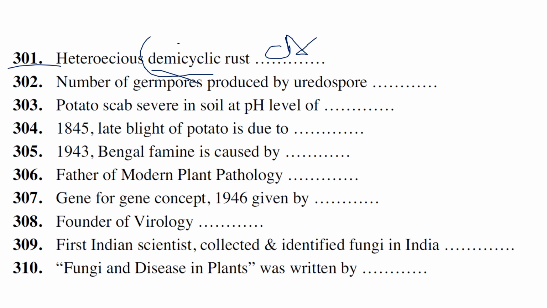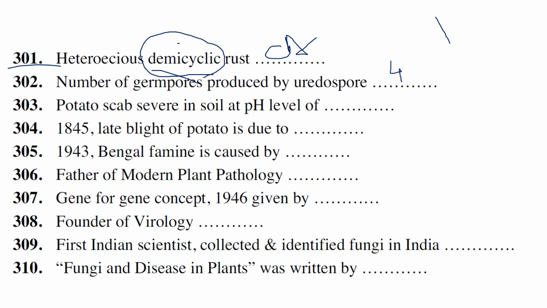Generally, what is demicyclic? Lack of uredial stage is known as demicyclic. The next one is the number of germ pores produced by the urediospores. The urediospore generally produces 4 germ pores. Like in wheat stem rust, there are 5 kinds of spore stages: stage 0, 1, 2, 3, and 4.